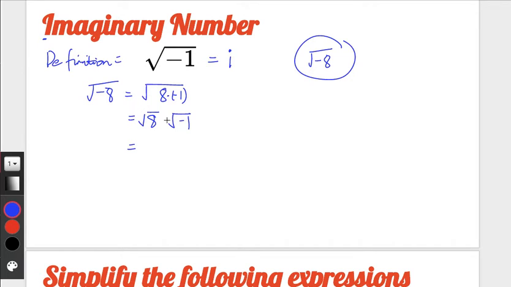We already know radical 8 is 2 radical 2, and this one is i. So I can write 2 radical 2 i, or 2i radical 2. They are all equivalent.